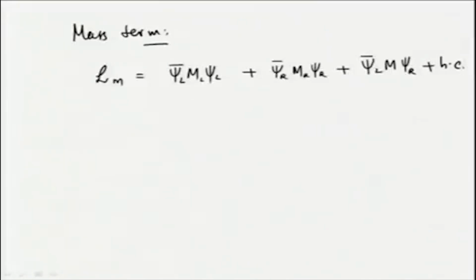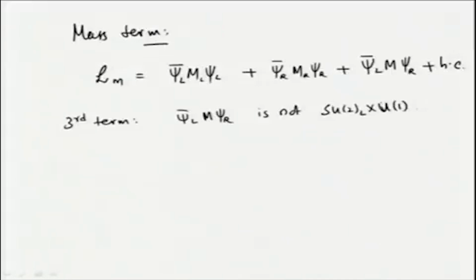Now, the problem with these terms is the following. Let me start with the last term. So, the third term, psi L bar M psi R, is not or cannot be made SU2_L cross U1_Y invariant. Actually, the problem is with SU2_L invariance.